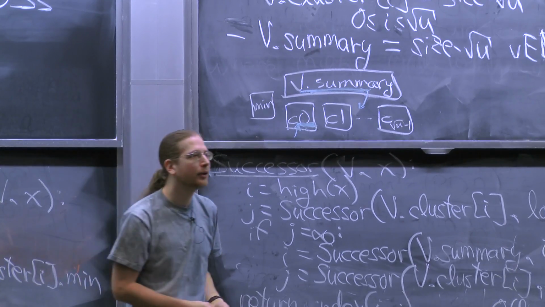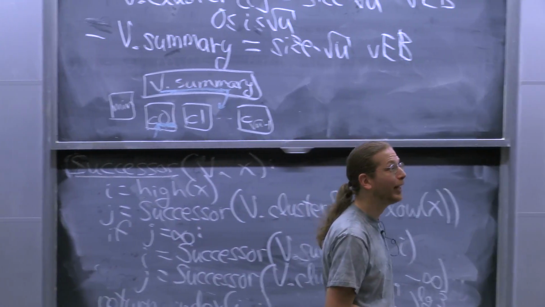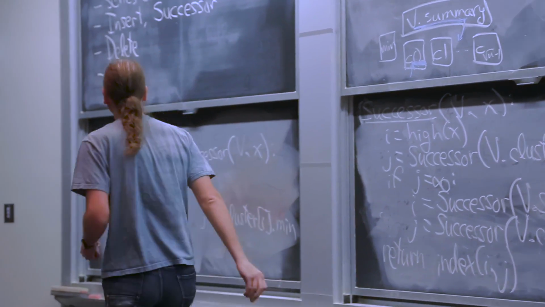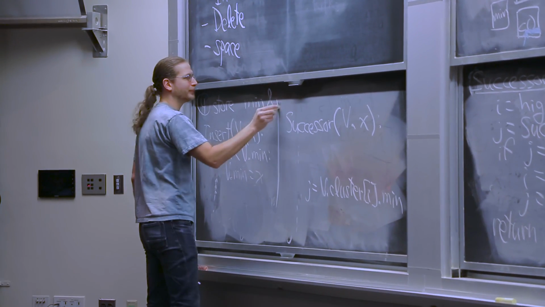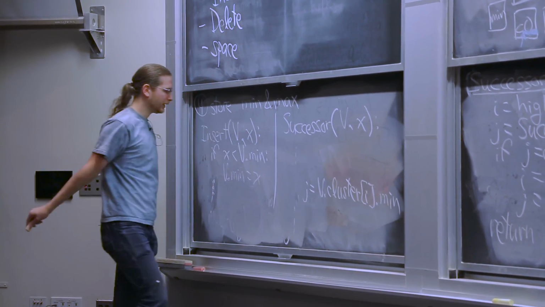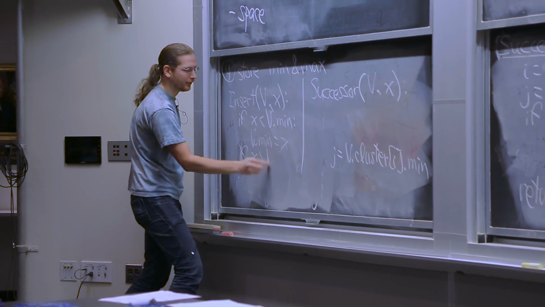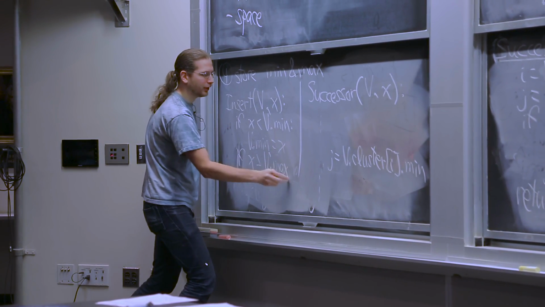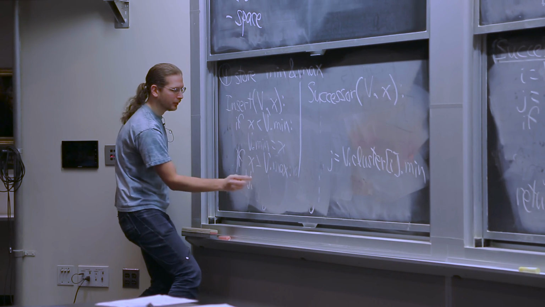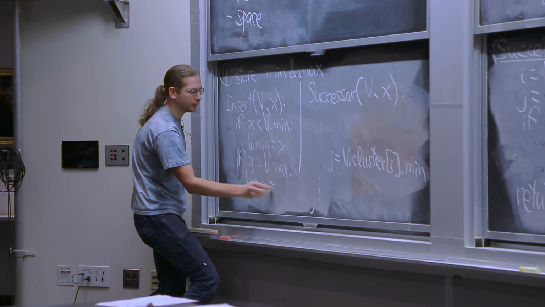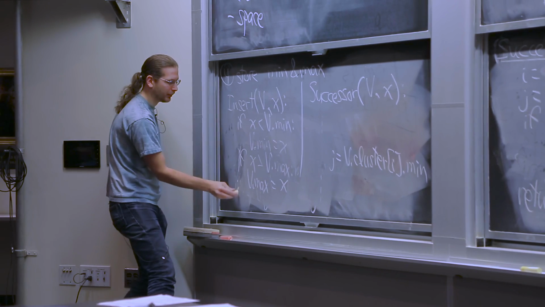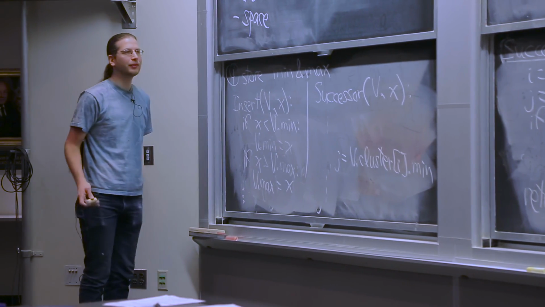Yeah? Store the max. Store the min and the max. Why not? Okay, I just need a similar line here. If x is bigger than v.max, change the max. So now I've augmented my data structure to have the min and max at every level.